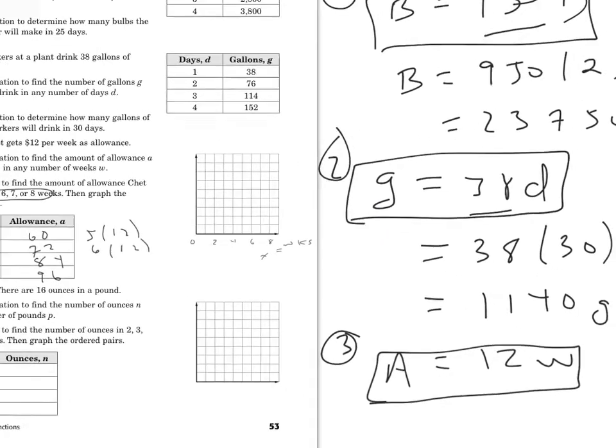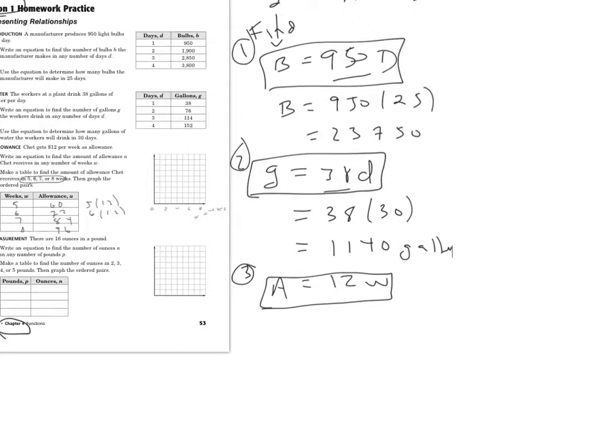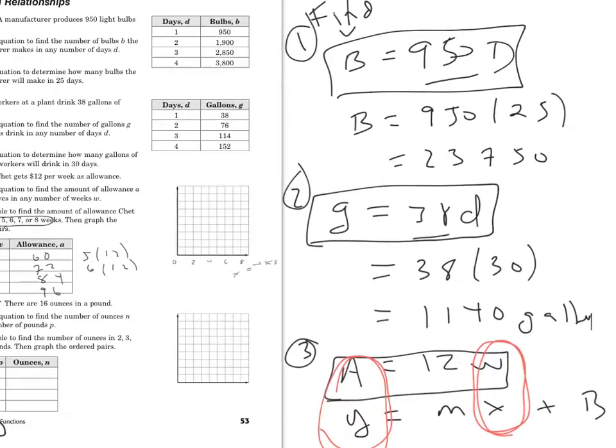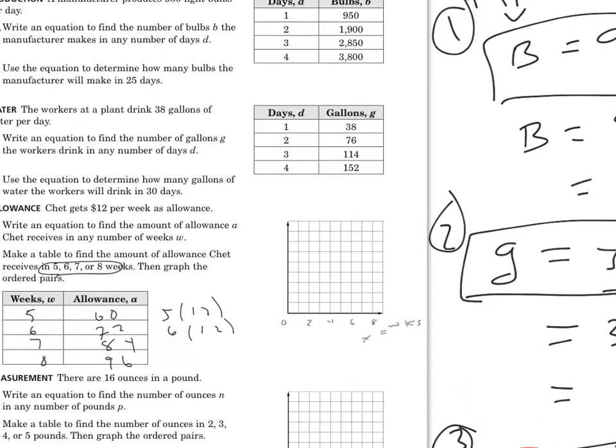If we write the equation in y equals mx plus b format, the weeks are the x's and the a's are the y's. So when plotting our graph, we put the weeks on the x-axis and the a's on the y-axis.